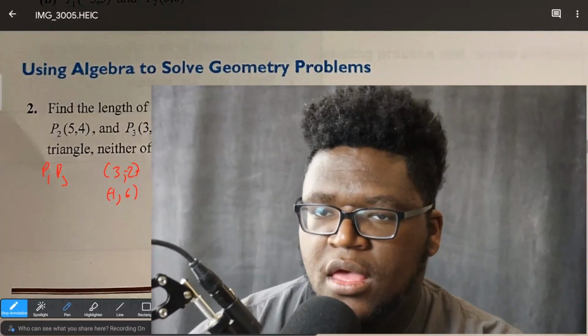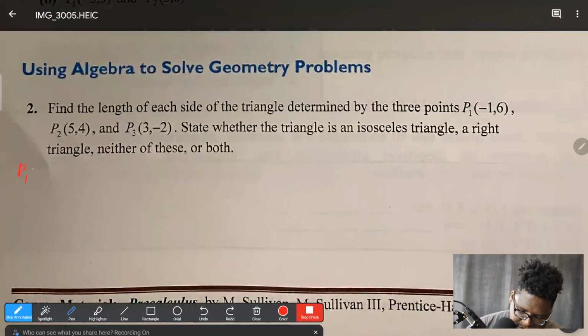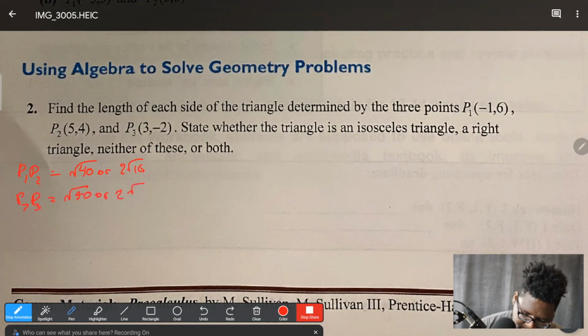Okay, so now to finish this up: the distance between point 1 and point 2 was root 40, or 2 root 10. The distance between P2 and P3 was also root 40, or 2 root 10. And the distance between P1 and P3 was root 80, or 4 root 5.